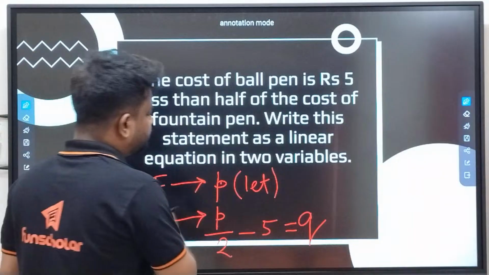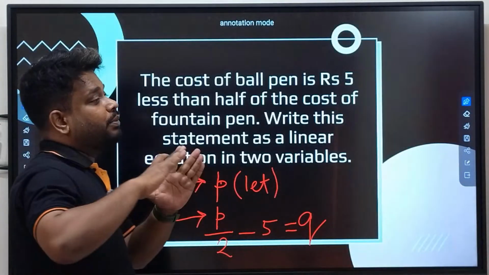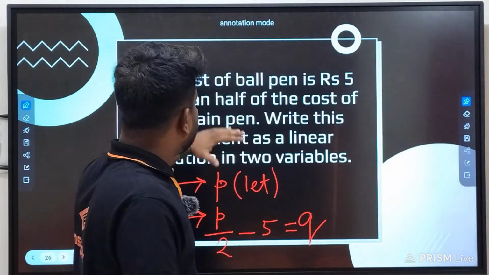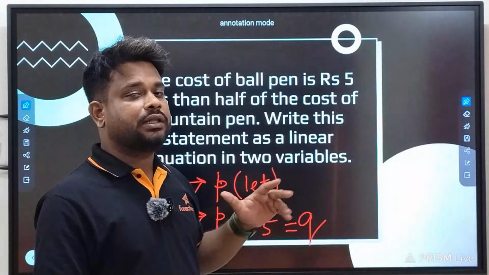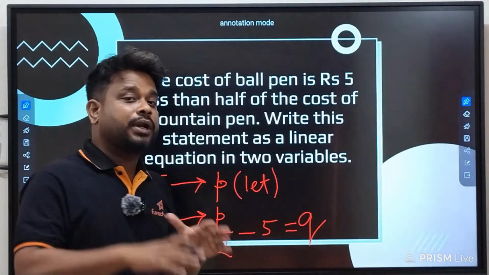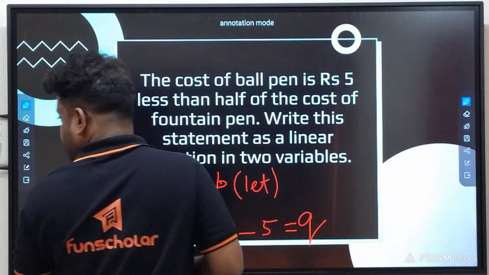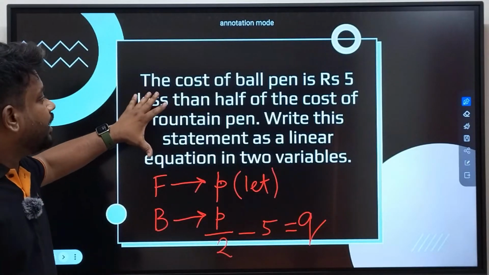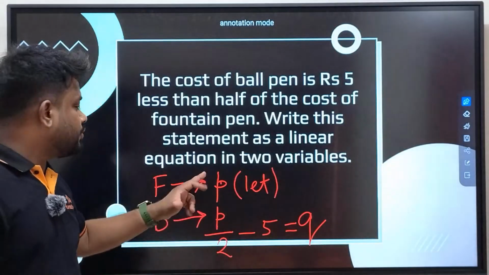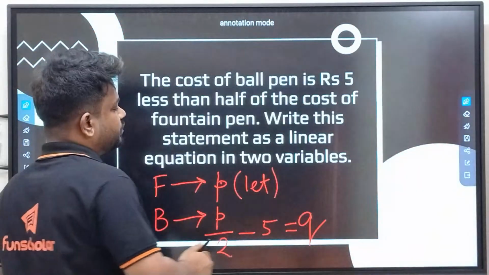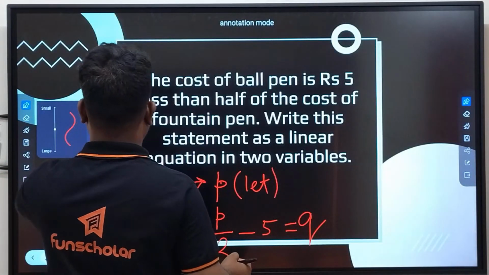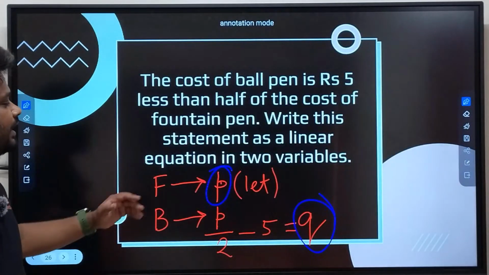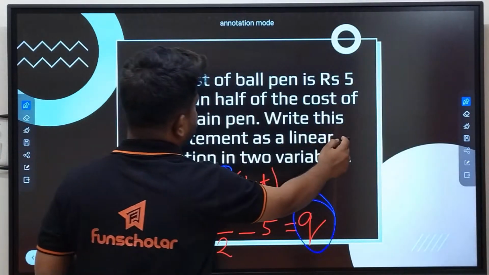Okay, so maybe you are wondering how we can solve this. These are the conditions we have been given to make the equations. But to solve this, we need another condition to find the values of both P and Q, which were not given at this point.